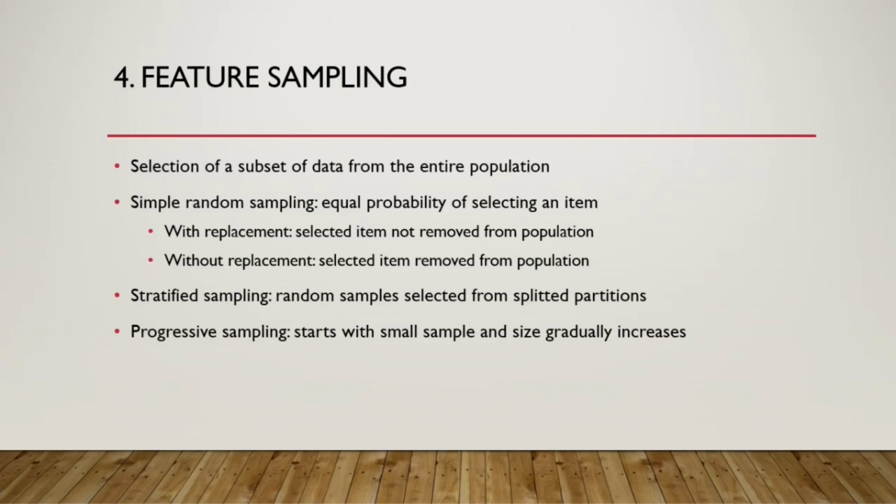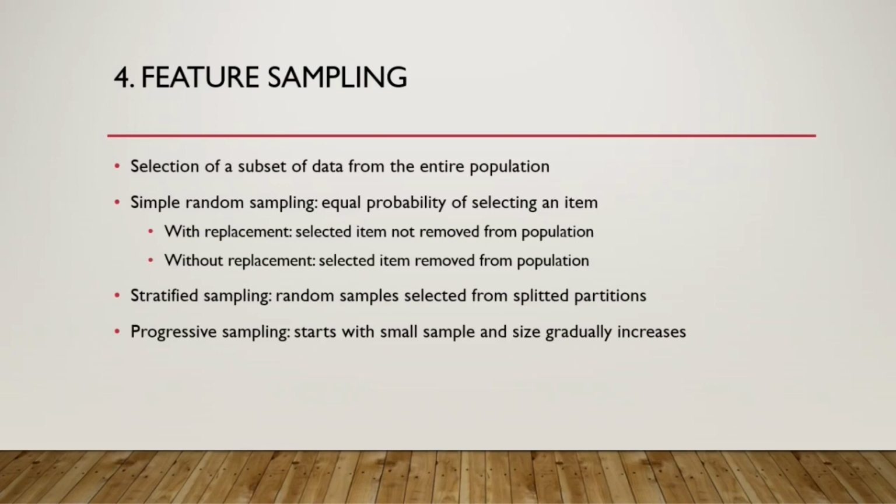I pick one sample from the population, and because it's random sampling, it may be possible that I will pick the same sample again and again. But in the second way, whenever I select an item from the population, it is removed from the population, so there is no chance of getting the same sample again and again. So it actually increases the possibility of a better sample creation.